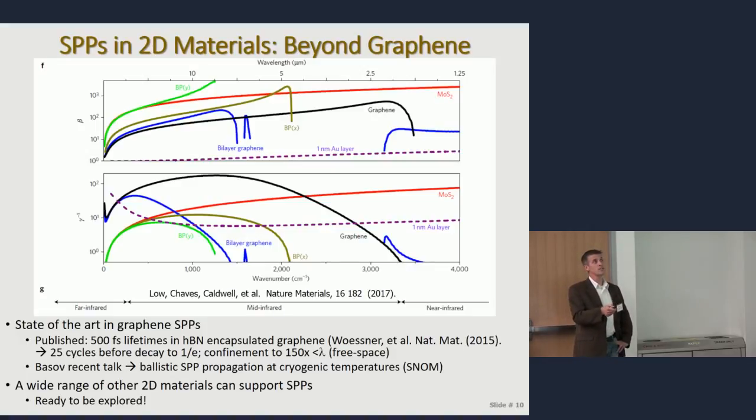For instance, molybdenum can give you plasmon operation over a very broad spectral range. Black phosphorus gives you this anisotropy. If this could be demonstrated for a plasmonic system, this would be really cool. This could give you something like a natural in-plane wave plate within atomically thin layers. So there's a broad range of things that are ready to be explored strictly by going through these 1,173 different configurations of these 2D materials, right?